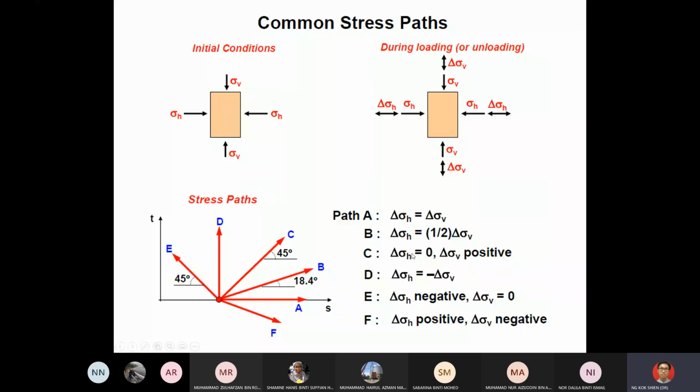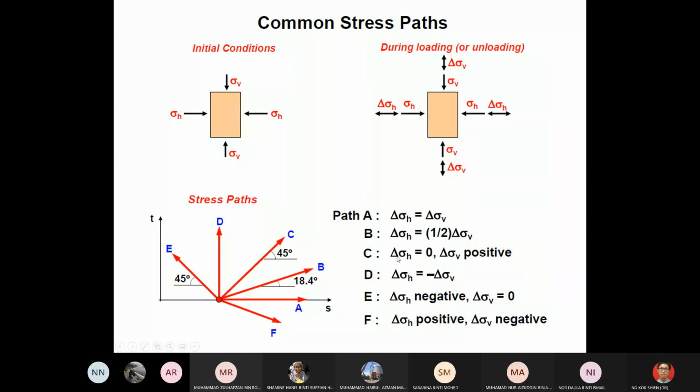So delta sigma H is 0, meaning sigma 3 is constant, it doesn't increase. Only the vertical stress increases. So when delta sigma H is equal to 0 and delta sigma V has a value, then you get 45 degrees. You can calculate it now, very simple.